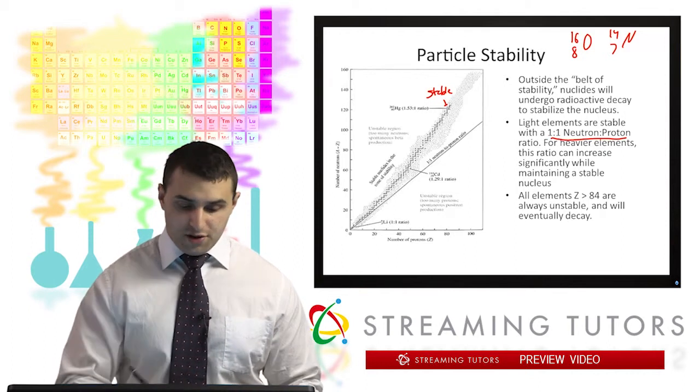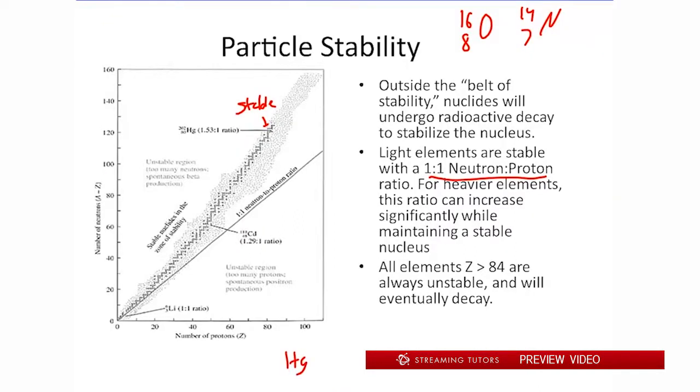You see here for mercury that mercury has a mass number of 202, an atomic number of 80, and that gives us a 1.53 to 1 neutron to proton ratio. And that's also a stable species. So in general, as we increase the size of our nucleus, we can deviate from that 1-to-1 ratio that we see in the lighter elements. And that's basically what you're seeing in this graph on the left side here.